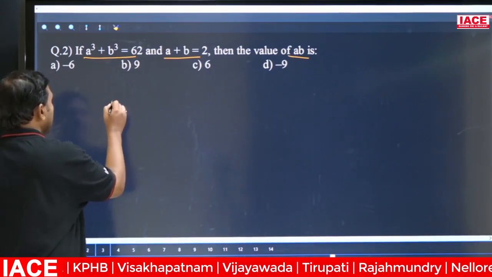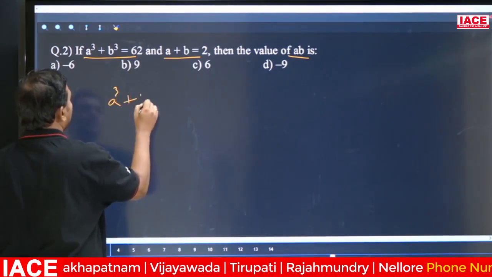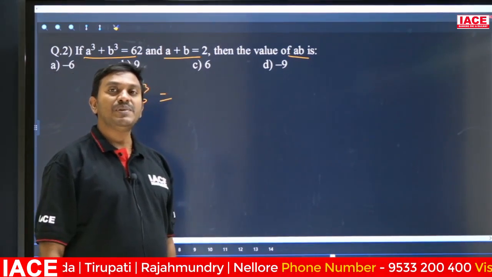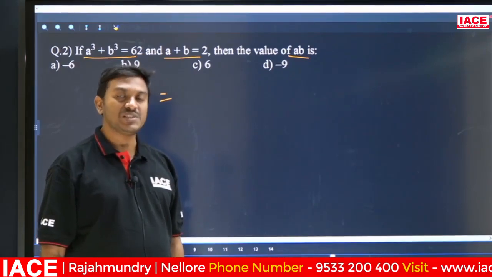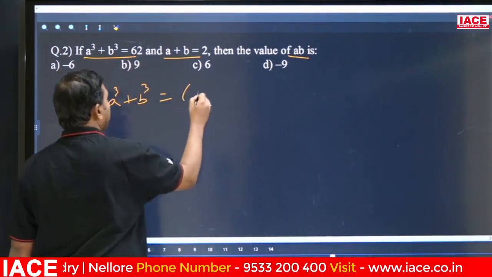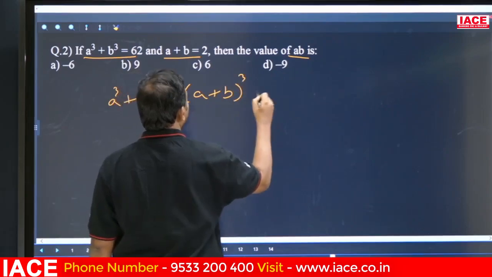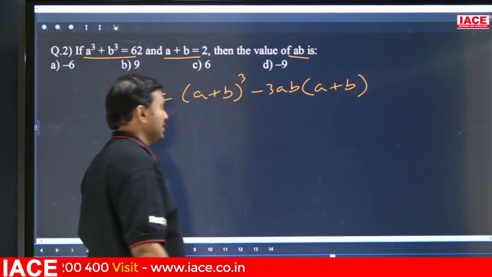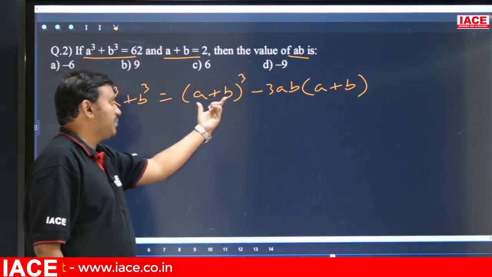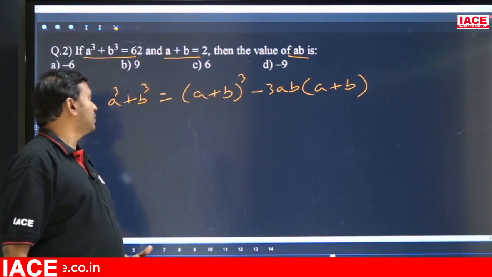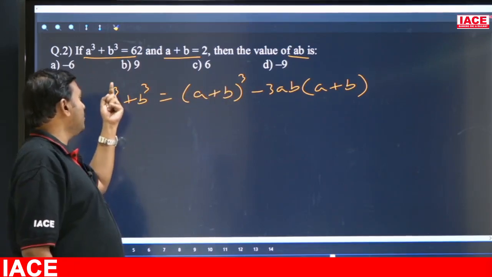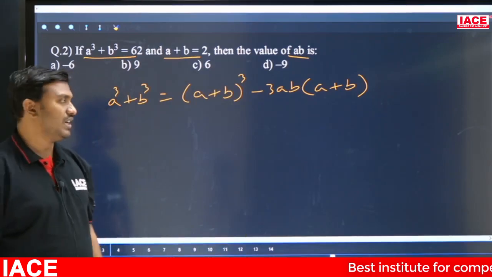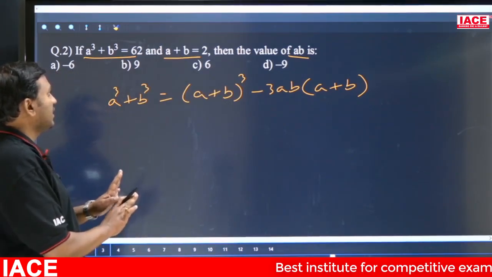Two formulas we discussed: a cube plus b cube is (a plus b)(a square minus ab plus b square), and another is (a plus b) whole cube minus 3ab(a plus b). A plus b whole cube is a cube plus b cube plus 3ab(a plus b). Coming to that side becomes minus. Only simplification, nothing else is there.